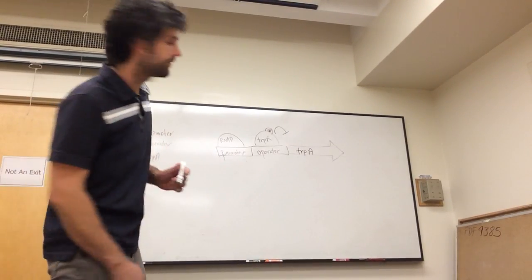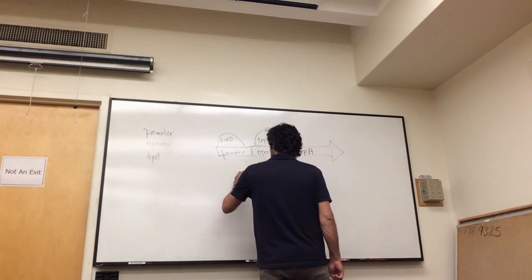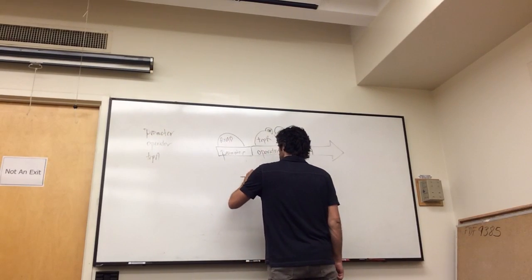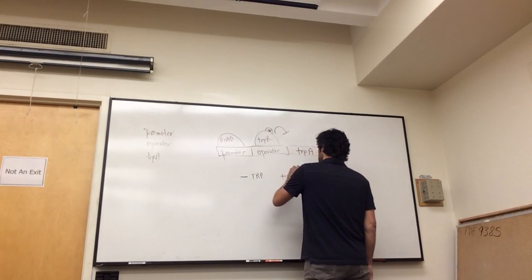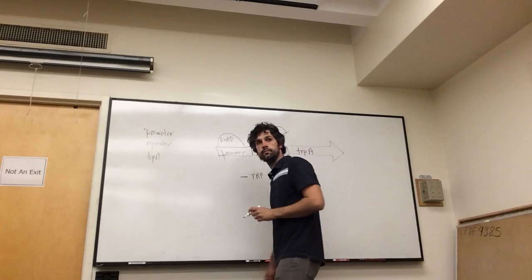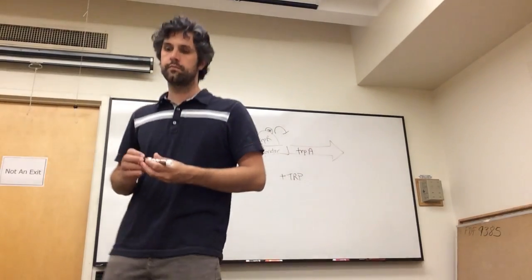So the trp gene encodes the repressor, trpO is the operator, and trpA encodes the enzyme tryptophan synthetase.